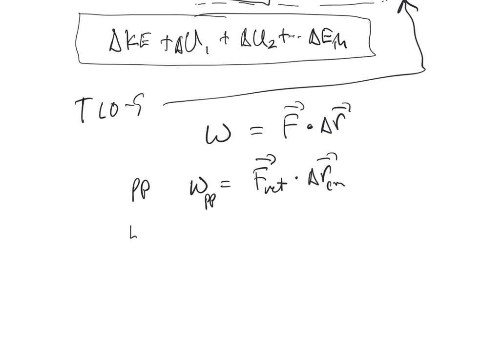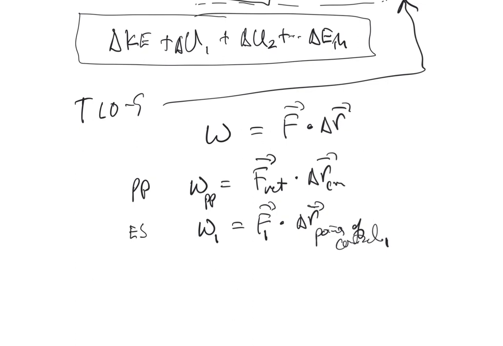So if I take the extended system, the work done by a single force is literally the force dotted into the displacement of the point of contact. So I'm going to put here point of contact of that force. So W1 would be F1 dotted into the displacement of the point of contact of force 1.